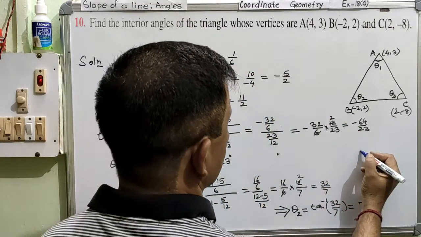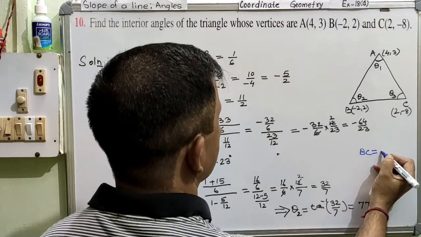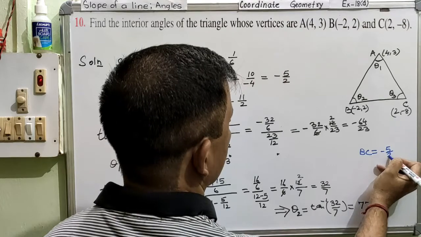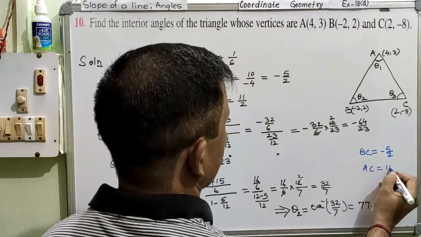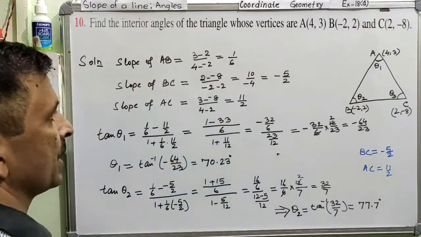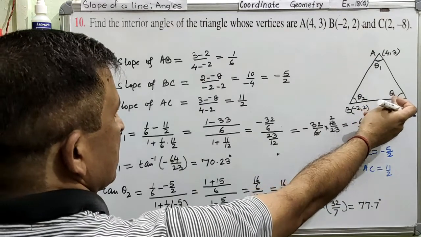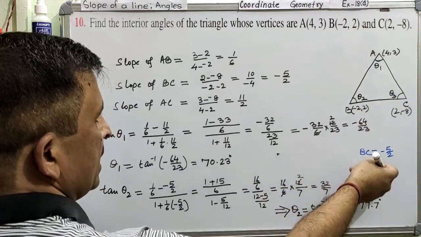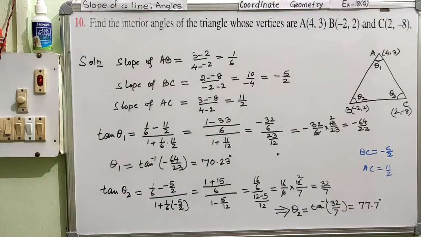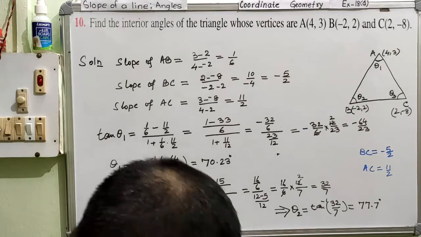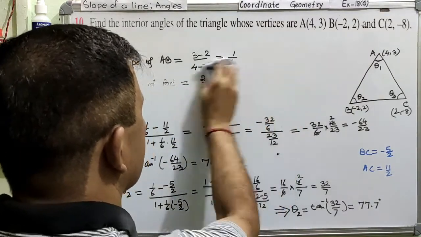So BC slope, this is just for my reference, BC slope is minus 5 over 2, and AC slope is 11 over 2, because I will need this figure, right? Since we are going to calculate theta 3, and this angle theta 3 is between AC and BC, therefore we need AC and BC slope. Is it okay? Now we'll erase this to fit the solution.